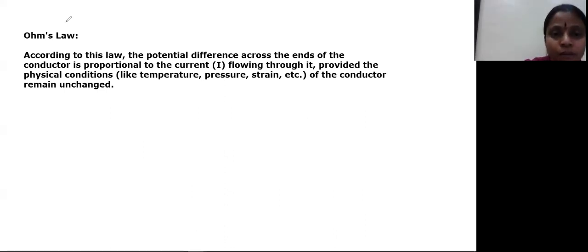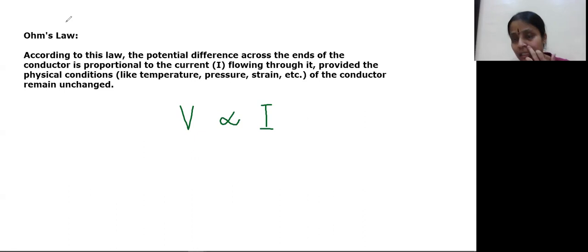So if I'm going to put it mathematically, I have V proportional to I. The potential difference across the ends is denoted by V, and it is going to be proportional to the current flowing through it.